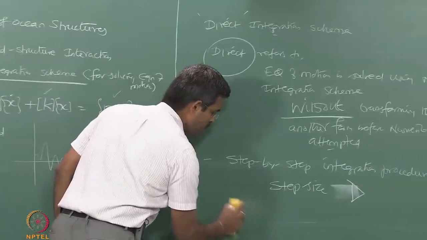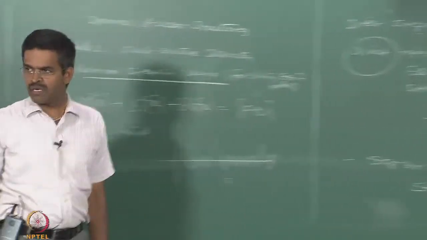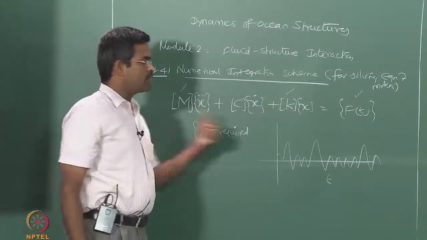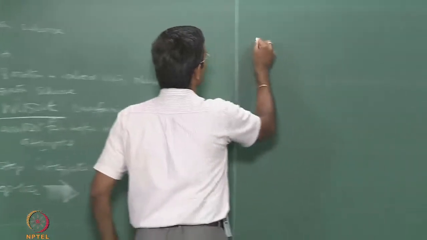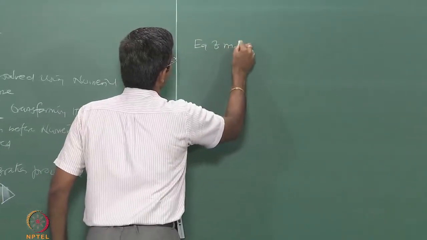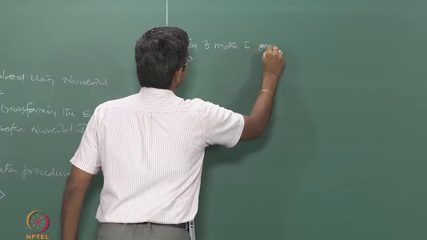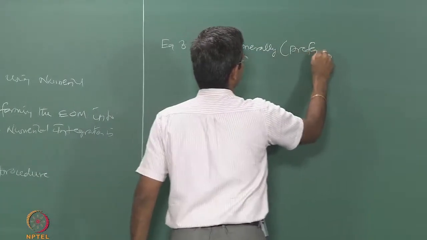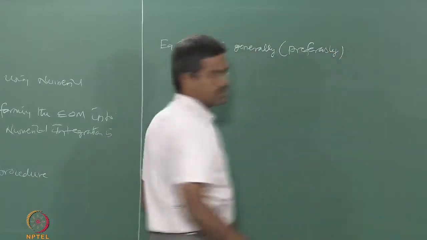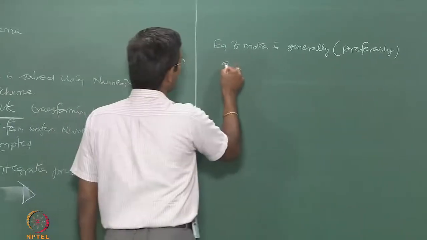Now there are some assumptions made in this case. What we generally try to do is solve the equation of motion as applied at any time instant. Preferably, we would love to solve this equation of motion at any time instant.